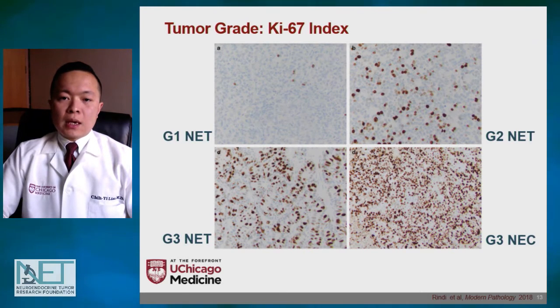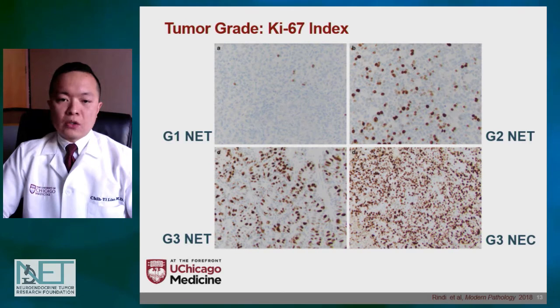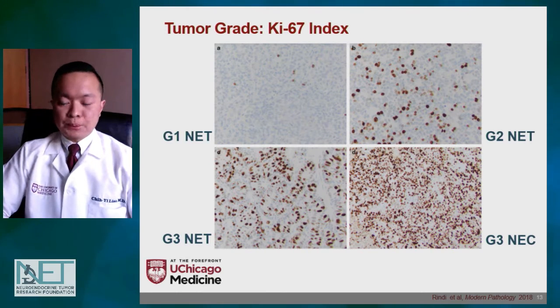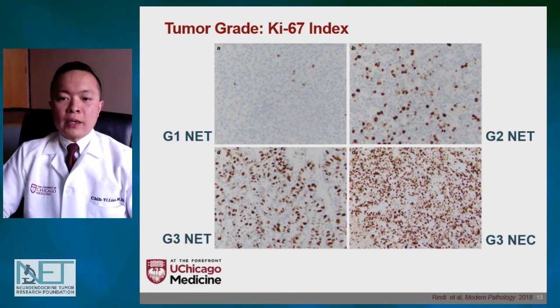You see that only a few of the cells are highlighted in brown, and these are the cells that stain positive for Ki-67. This makes it a low-grade tumor because only those few cells are proliferating. On the top right-hand side, for a grade 2 neuroendocrine tumor, there are more cells that are proliferating.